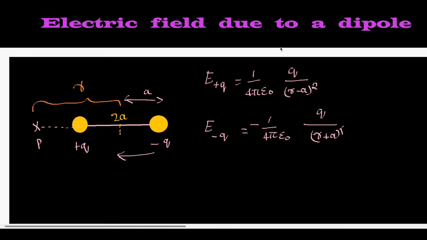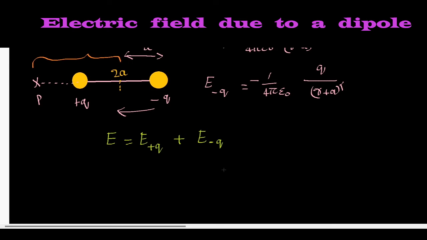So what will be the total electric field at P? We know electric field follows the superposition principle. So the total electric field at point P, E, will be equal to the electric field due to plus q plus the electric field due to minus q. So let us write the expressions.